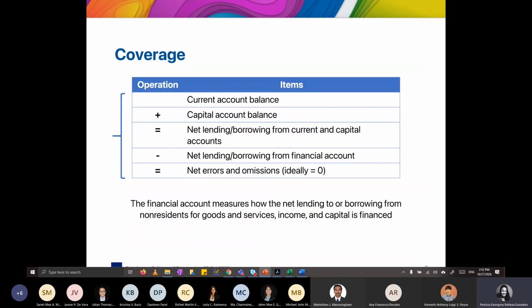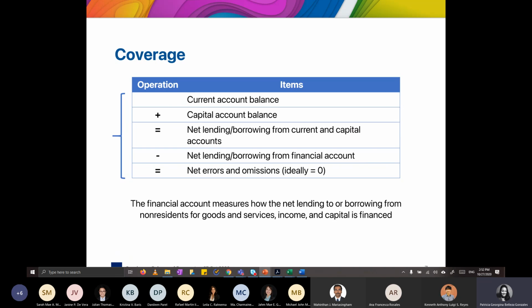So let's go first to the relationship between the capital and financial accounts. The financial account measures how the net lending to or borrowing from non-residents for goods and services, income, and capital is financed. So there is a direct relationship between the two.